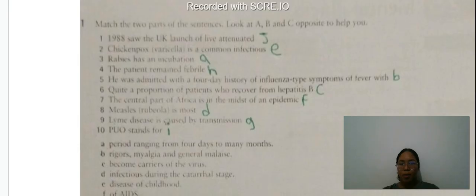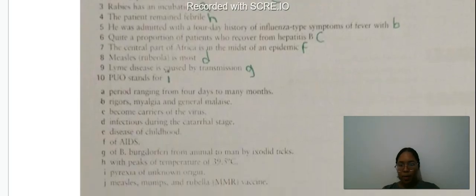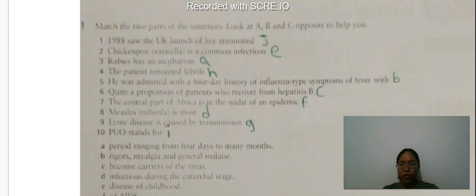Exercise. Match the two parts of the sentence. 1. 1988 saw the UK launch of the live attenuated J. Measles, mumps, and rubella (MMR) vaccine. 2. Chickenpox, varicella, is a common infection.